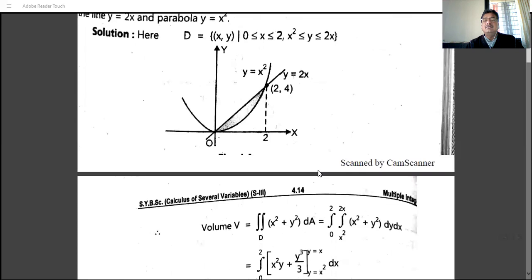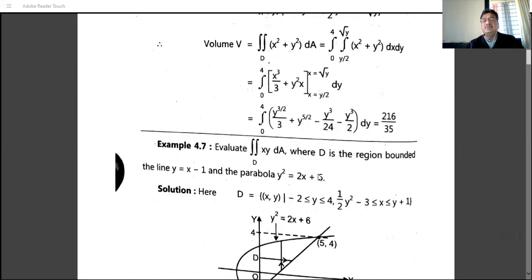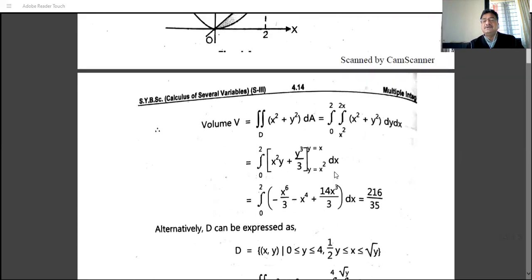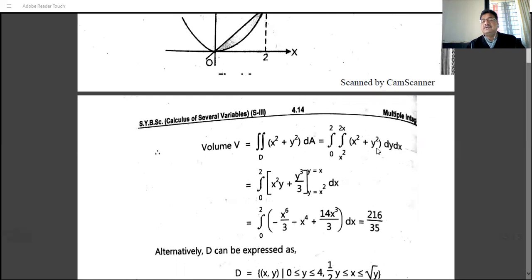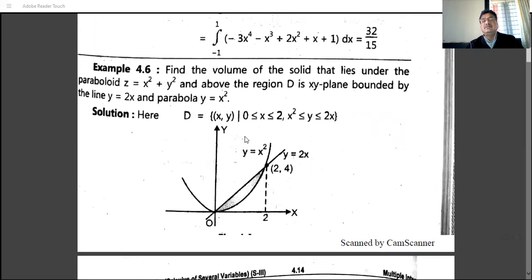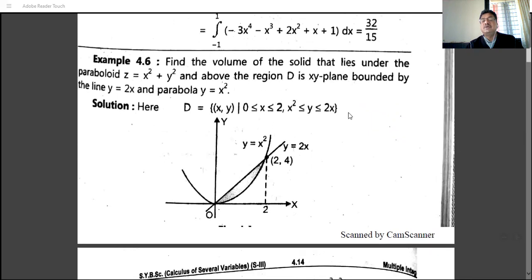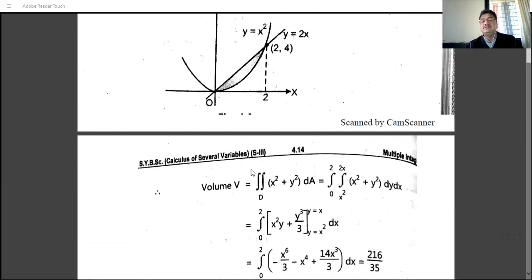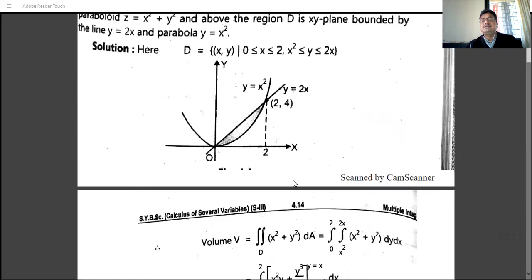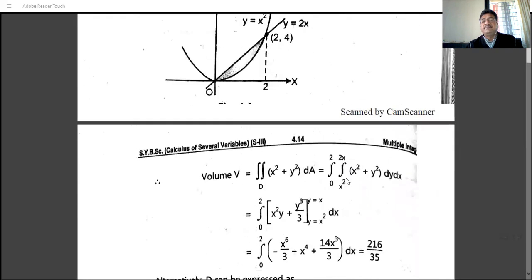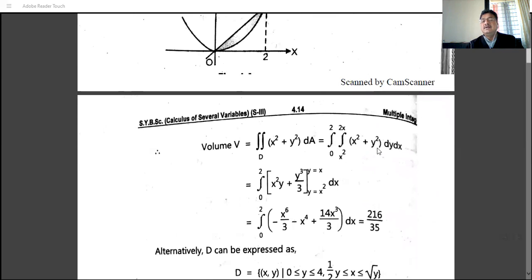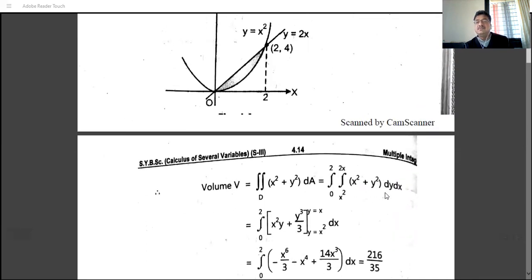And then we have to integrate, suppose with respect to x first, or with respect to y first. Here, with respect to y first, the volume of the solid is equal to the double integration of x square plus y square, that is z dA. First we integrate with respect to y. Then what are the limits of y?